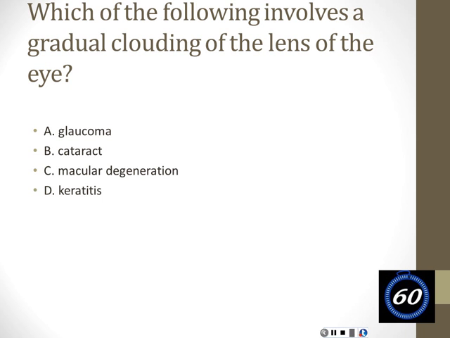Yes, that's a cataract. Glaucoma is all about intraocular pressure. So the anterior chamber, there's an imbalance between aqueous humor formation and reabsorption, so you end up increasing pressure, which pushes back on the retina.